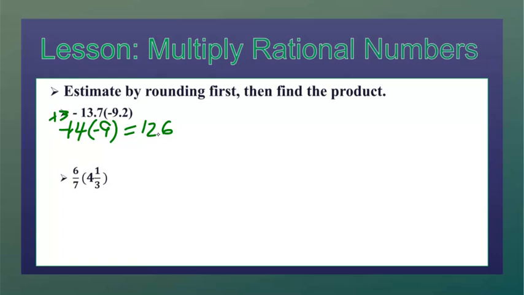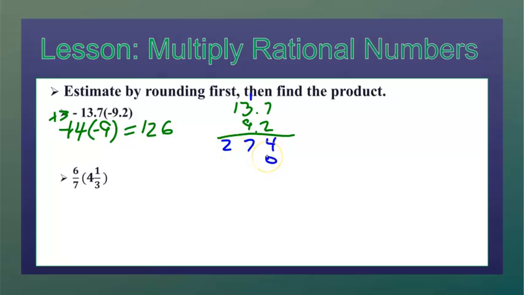Now, if I were to find the exact answer, I would have -13.7 times -9.2. Since I know the answer is going to be positive, I'm not going to put the negative signs in there. So 2 times 7 is 14. 3 times 2 is 6, plus 1 is 7. 2 times 1 is 2.